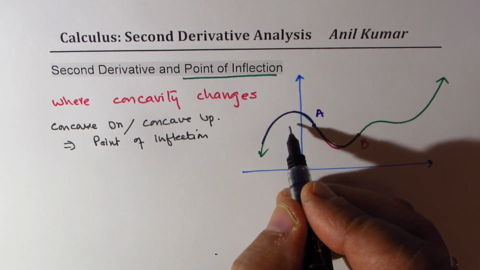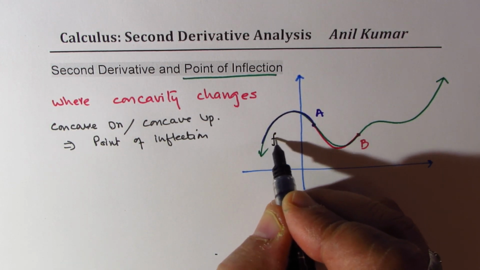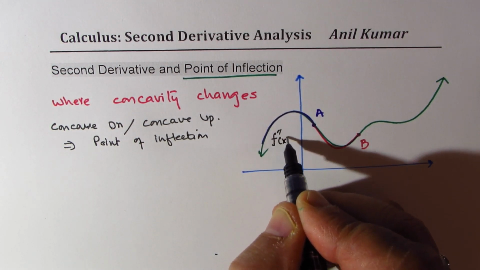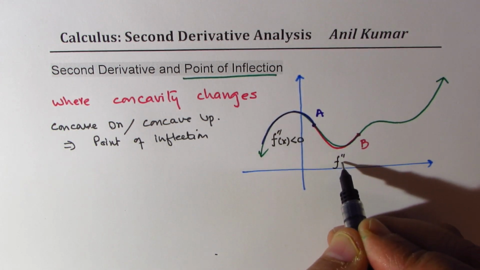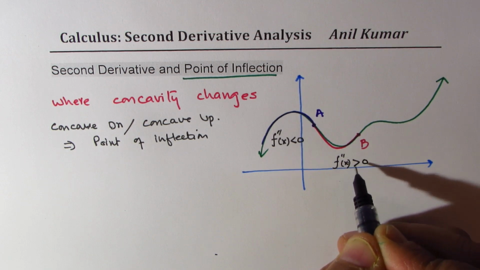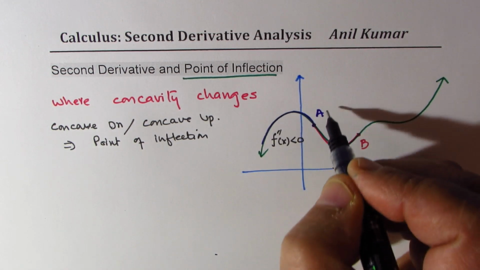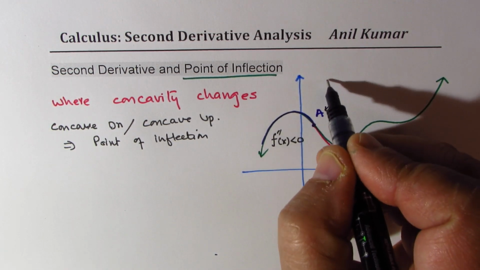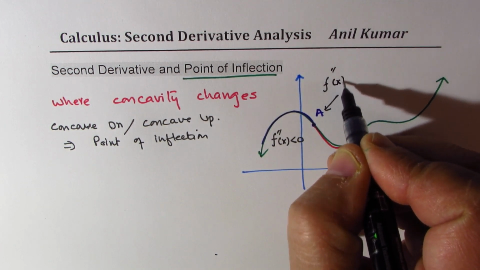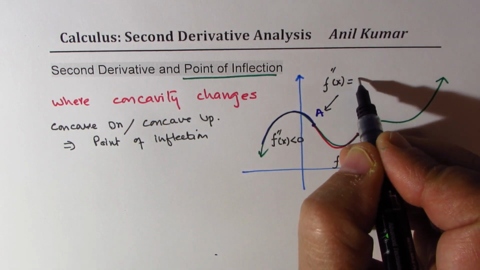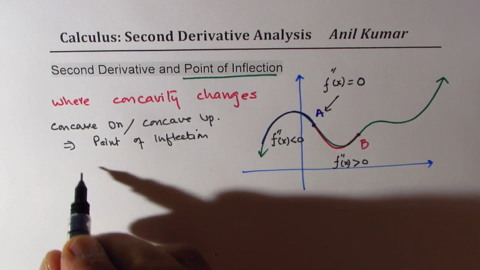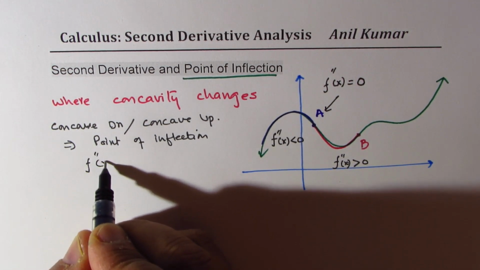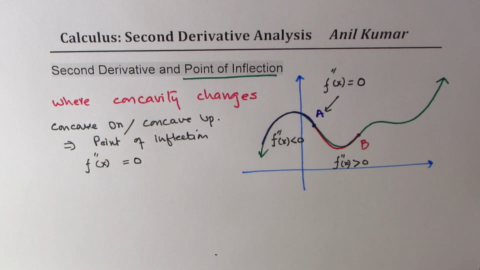Now we know that in the part where it is concave down, the second derivative is less than 0, and in this part the second derivative is greater than 0. So what is the value of the second derivative at A? In between these two, we are left with only one value, which is 0. So at a point of inflection, the second derivative is equal to 0.